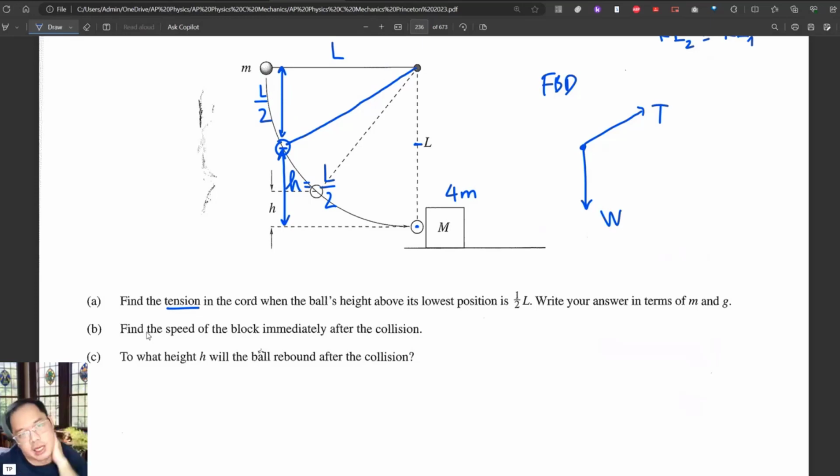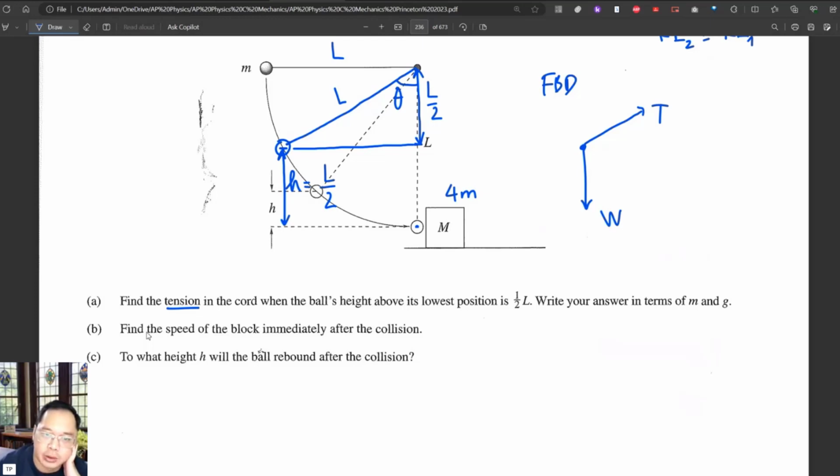Okay, let's consider this angle theta instead, so that this height is L over 2 and this is L. So this is the adjacent of this angle theta, and this is the hypotenuse.